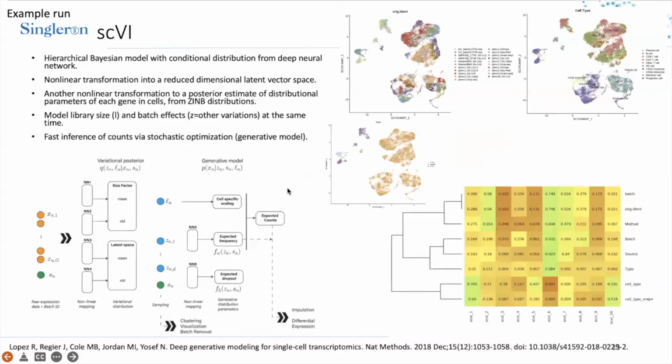scVI is, again, I think one of the more statistically sound methods that tries to do batch correction. It uses a variational autoencoder together with generative models, where it tries to impute the information from cell-specific library sizes, as well as calculate the other variants represented by the Z matrix.